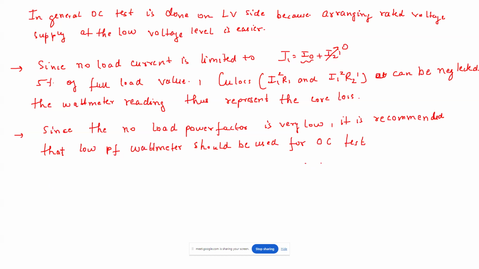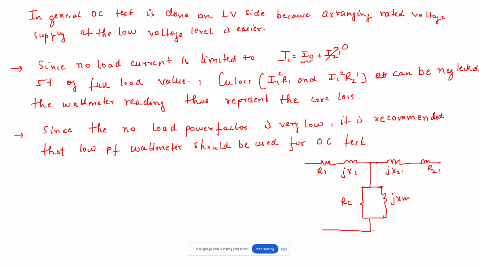It is like this: this is your R1, jX1, and then you have jX2 dash, R2 dash, and this is RC, jXM. We have considered that the no load current is very small, 5% of full load current.